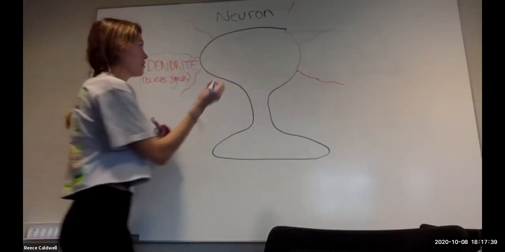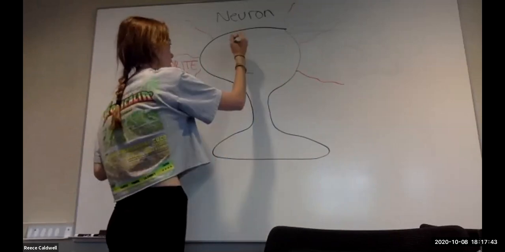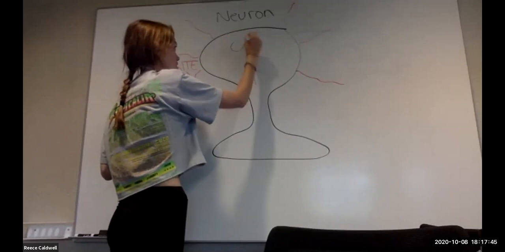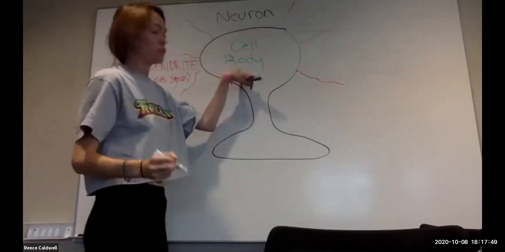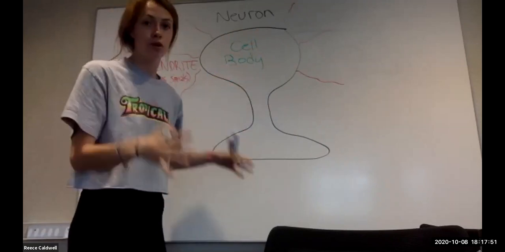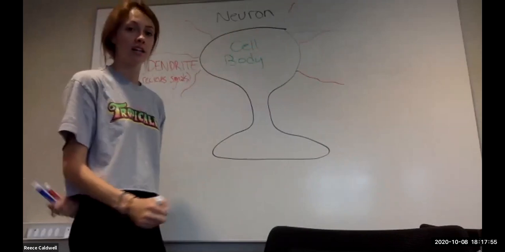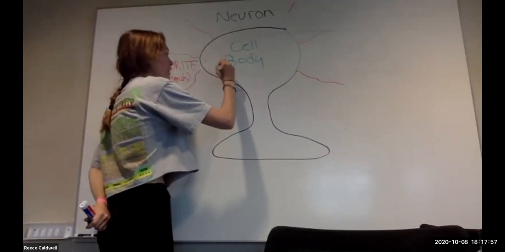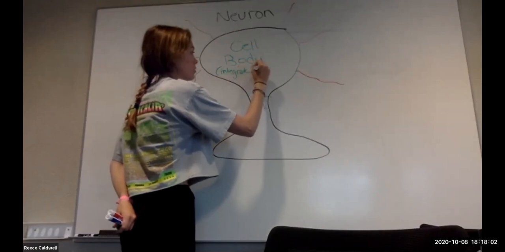Then we have the cell body. Here is the cell body. Inside here we have a nucleus and all those other organelles. We're not going to specifically look at any of those, but this is the cell body. And here we integrate the signal.